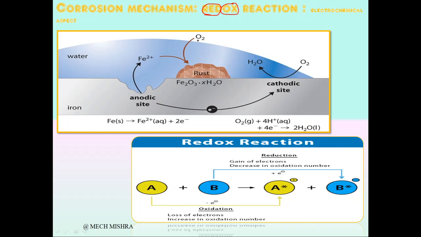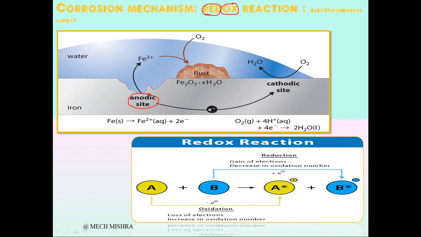So basically in the iron plate itself there will be formation of two sides. One will be the anodic side, where there will be small pits, even if we cannot see those pits with our naked eyes, but we can see them by microscope.